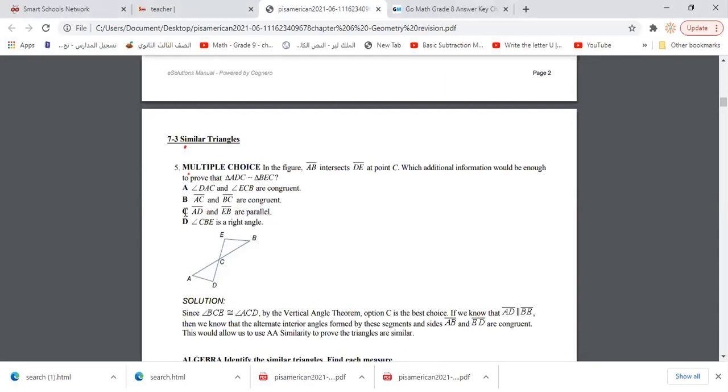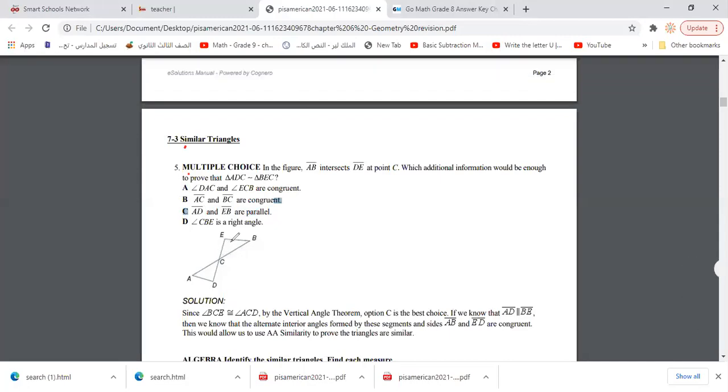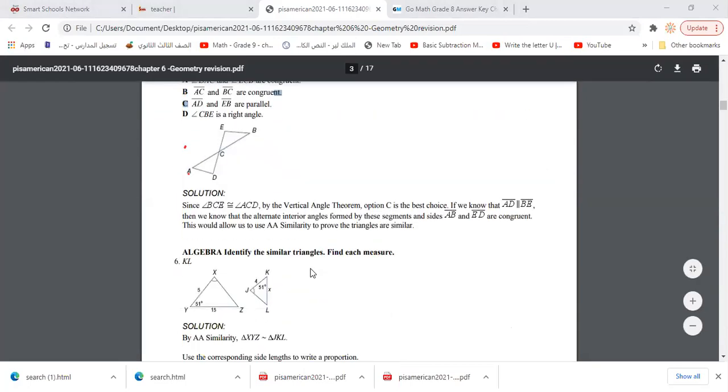We are looking for AD and EB to be parallel, because once you have those 2 lines parallel, you have 2 alternate angles and 2 alternate angles, and you have the vertical angles, and then the 2 triangles will be similar. So the additional reason here is AD and EB are parallel.